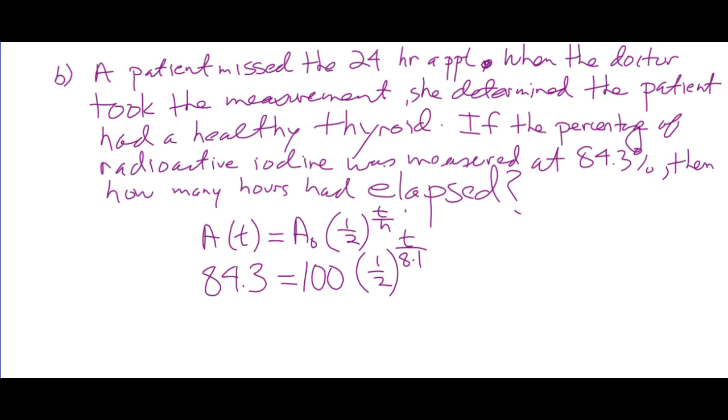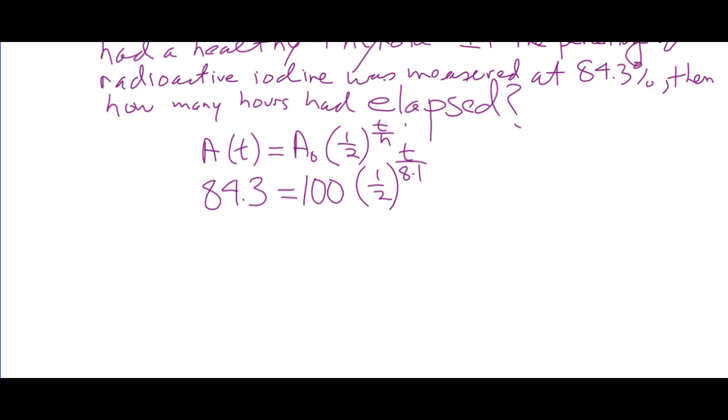At this point, the only way we can solve that, first off, let's get rid of the 100, so we're going to divide both sides by 100. If we graph this as y1 and this as y2, we'll get t.